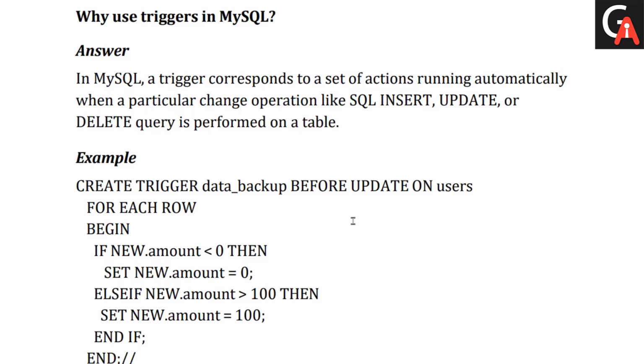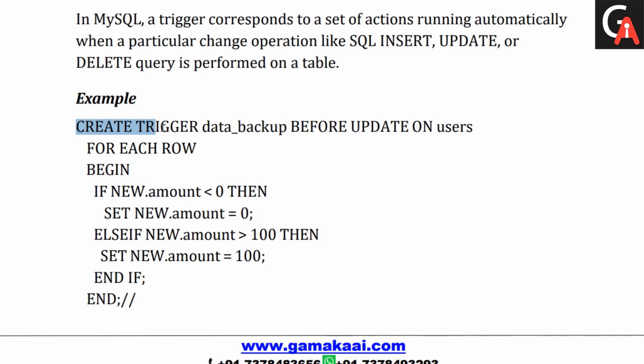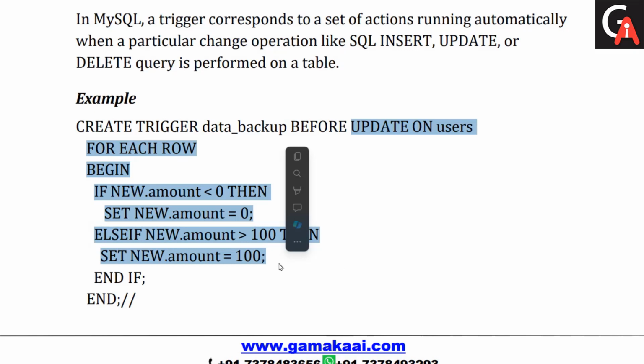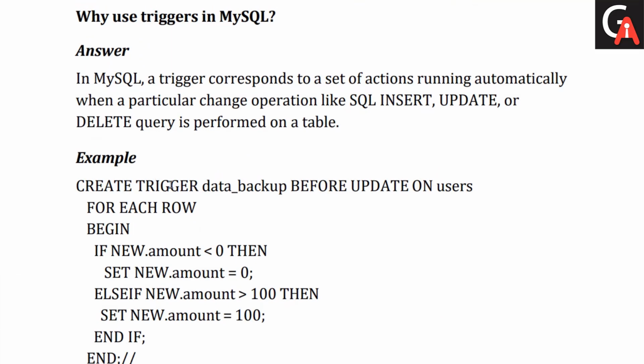Whenever I want to perform certain actions based on the insert, update, or delete, then I can use triggers. Okay, so here is one example. It is a create trigger statement, and this is the trigger name, and in the before and end clause I want to perform certain operations with respect to updating the records. Then we will default back to our delimiter. So this is the trigger function we have.